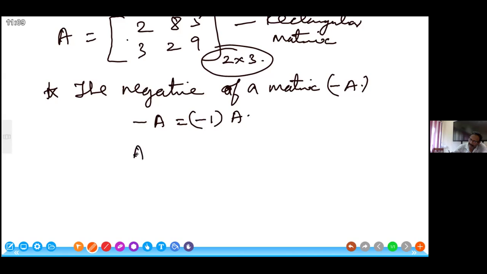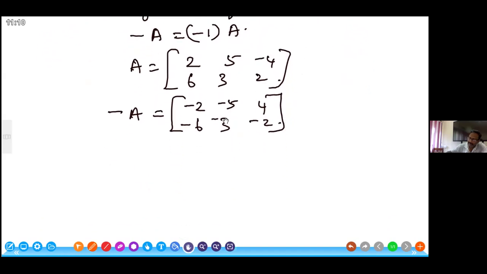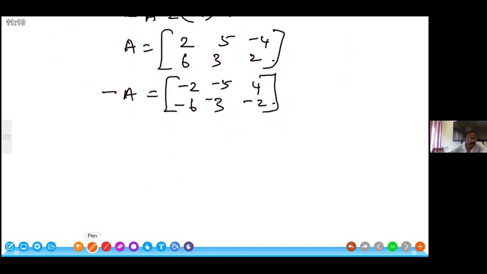Suppose a matrix A is 2, 5, minus 4, 6, 3, 3, 2. The negative of the matrix is given by simply multiplying by minus 1, so it will be minus 2, minus 5, 4, minus 6, and so on. You are multiplying by minus 1.